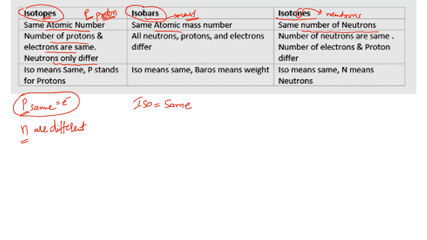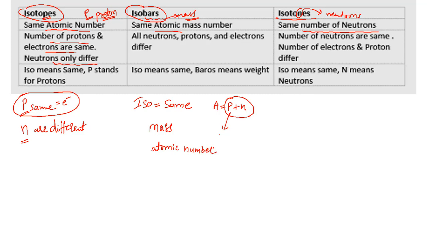Next, isobar: mass is the same. Mass means you know that A equals P plus N. In isobars this total P plus N is the same. What is different? Obviously the protons are different. So in the definition, whenever we talk about mass, we will mention atomic number.